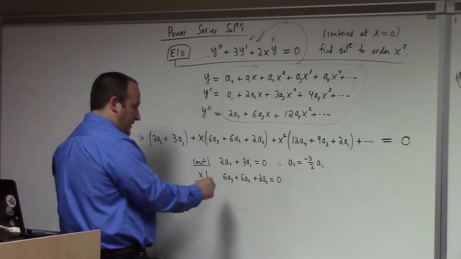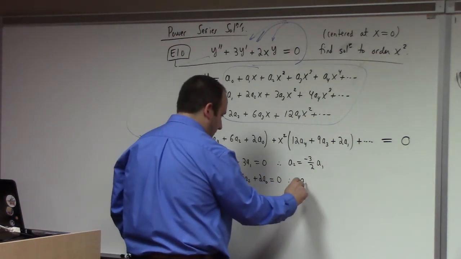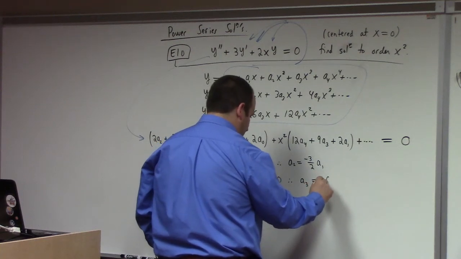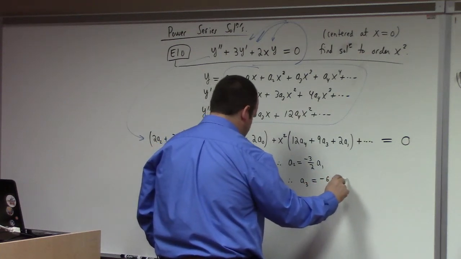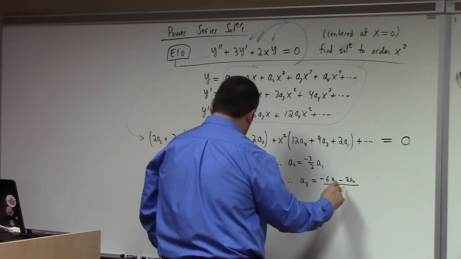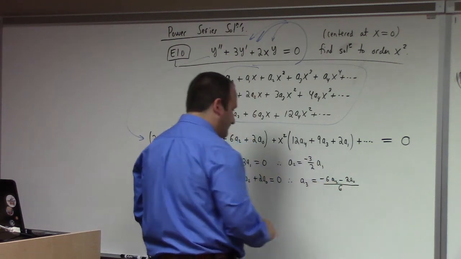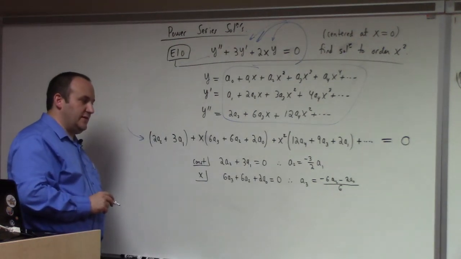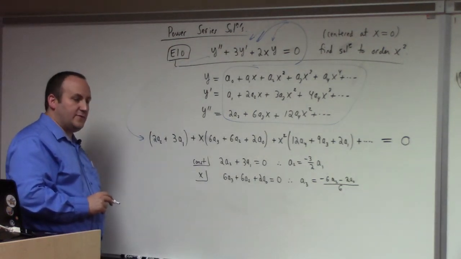So I will solve for the highest term here: a3 is equal to minus 6a2 minus 2a0, divided by 6. But by the constant equation above, I can trade my a2 for an a1.